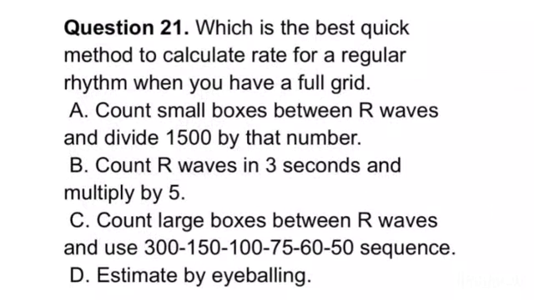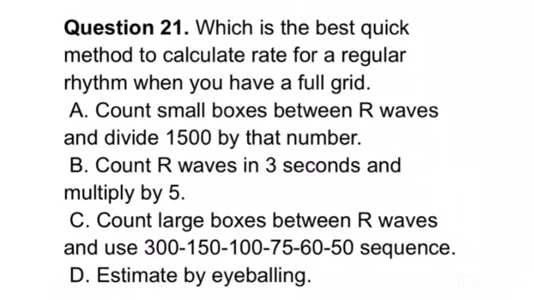Question 21. Which is the best quick method to calculate rate for irregular rhythm when you have a full grid? A. Count small boxes between R waves and divide 1500 by that number. B. Count R waves in 3 seconds and multiply by 5. C. Count large boxes between R waves and use the 300-150-100-75-60-50 sequence.